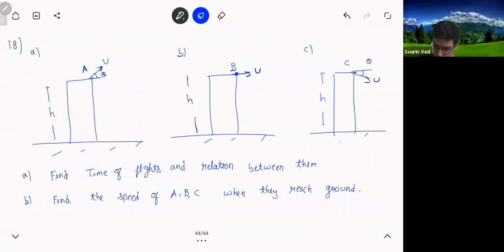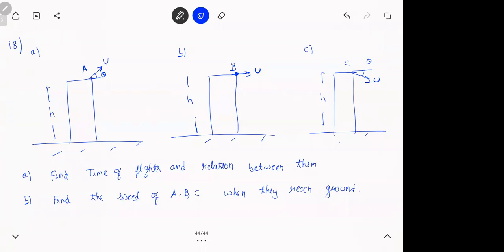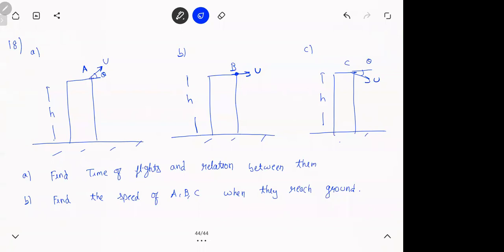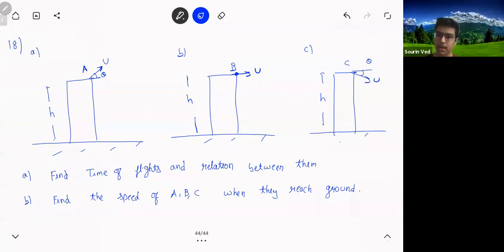All right, the speed of A when it reaches the ground, I got root of 20h upon cos square theta. Keep it in g only, na? Come again. So what you got? Root 20h by cos square theta. Dimensions are not matching, right? So minus h we have to take.